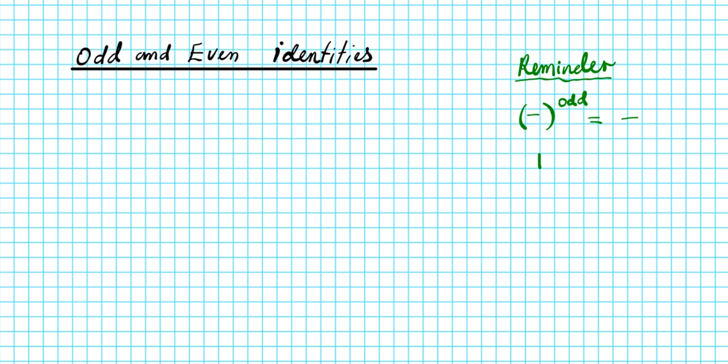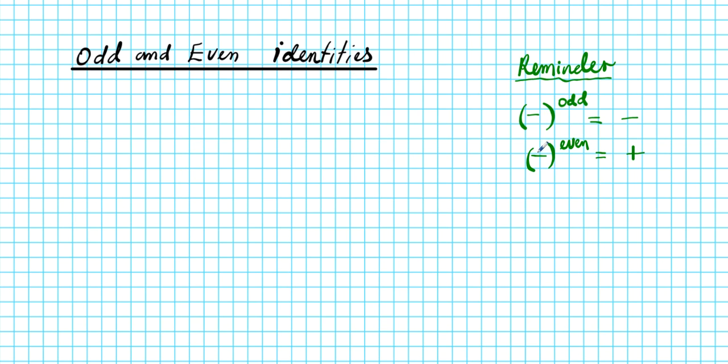How about if you take a negative number and raise it to an even power? What's your result going to be? If you take a negative number and you raise it to an even power, your answer is going to be positive. So just something to keep in mind: when you input a negative for the input values of an odd function, you end up with the opposite of that function.